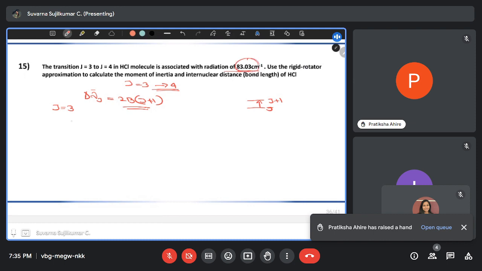So when we put J equal to 3 in this equation, we get 2B into 3 plus 1, which is 8B. This is our prior knowledge. The radiation energy associated with the transition should be correlated with the energy gap between these two states. So the delta E in terms of centimeter inverse associated with this transition should be equal to 83.03 centimeter inverse.